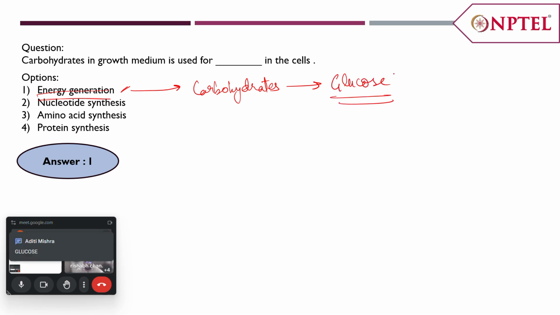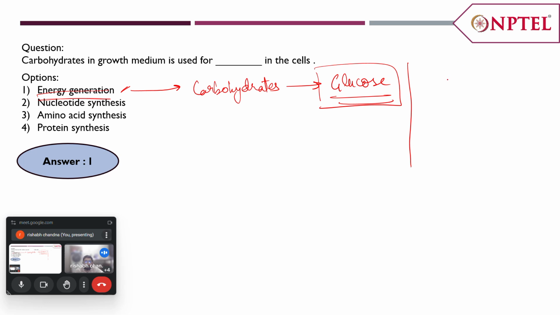This is majorly used for energy generation in all the media, be it plant, animal, bacteria, anything. If you remember the part of the metabolism, the first thing that is used for energy generation is carbohydrates.